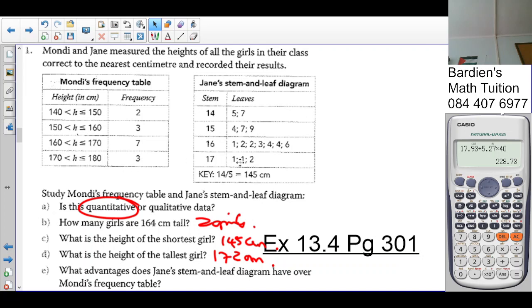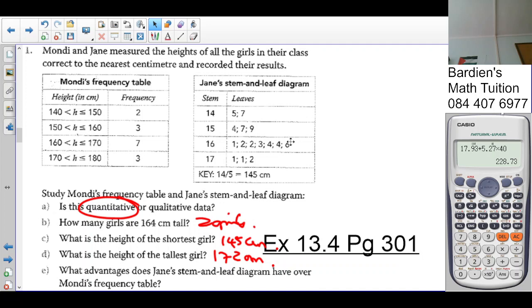For the question that we had now, I would say Jane has the upper hand. However, if the values are much more, say we were recording for 100 people, or 1,000 people, then of course your stem and leaf diagram is going to be huge, not so? Whereas your frequency table would be a better measurement.